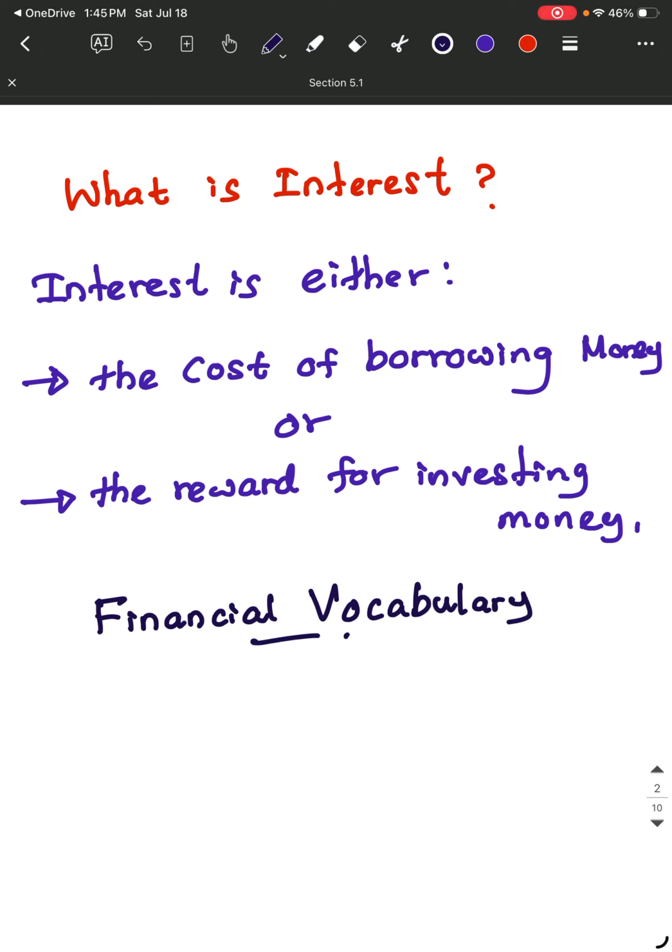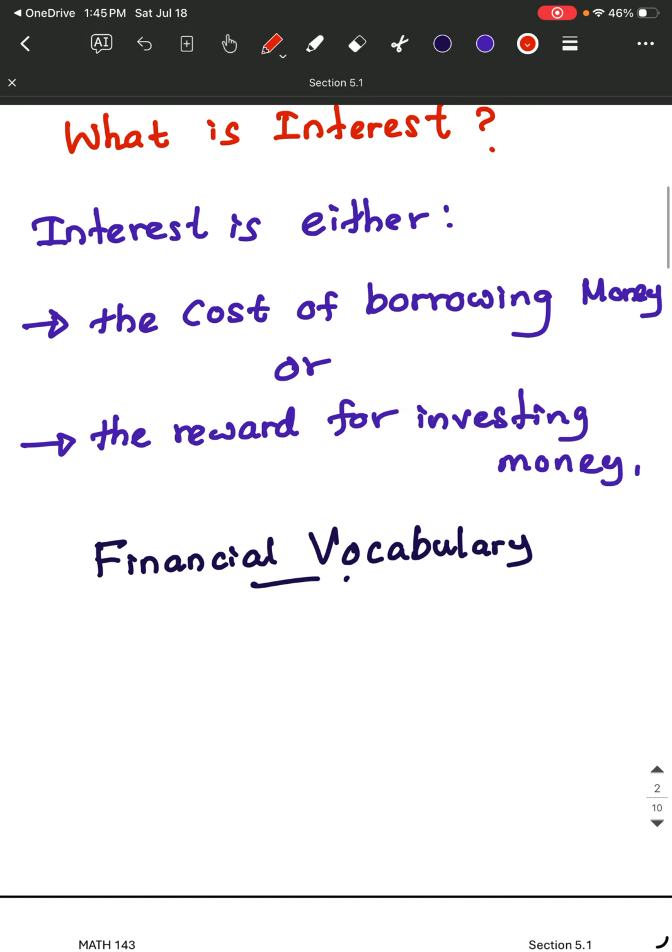Okay, so before we start solving problems, let's learn some important financial terms. The first one is the principal amount, or principal.